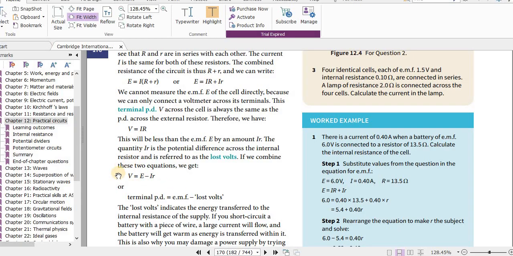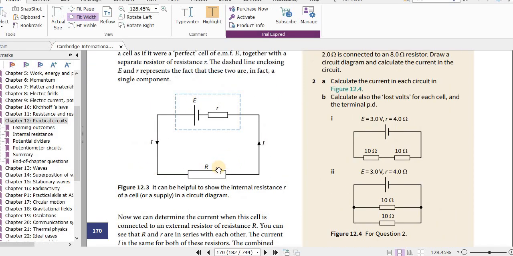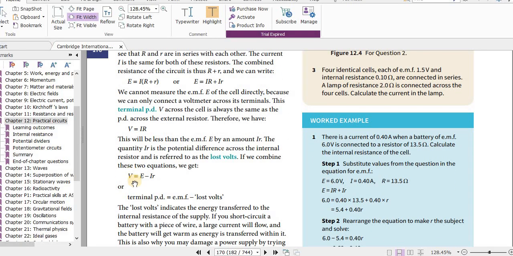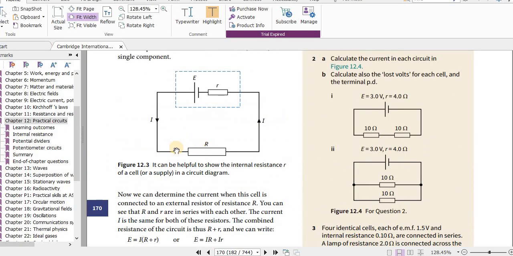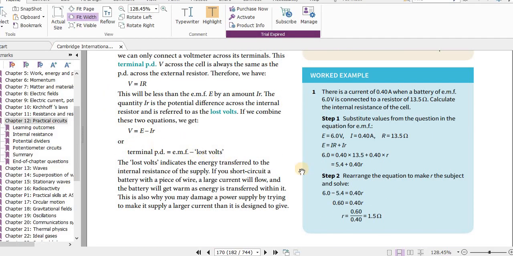Now, if you are not able to remember this equation, you can remember this. You know how to get this from this diagram using Kirchhoff's second law. That can be rearranged to get this. Remember, I times capital R is capital V. Replace that and you finally get this equation. So the lost volts indicate the energy transferred to the internal resistance of the supply.